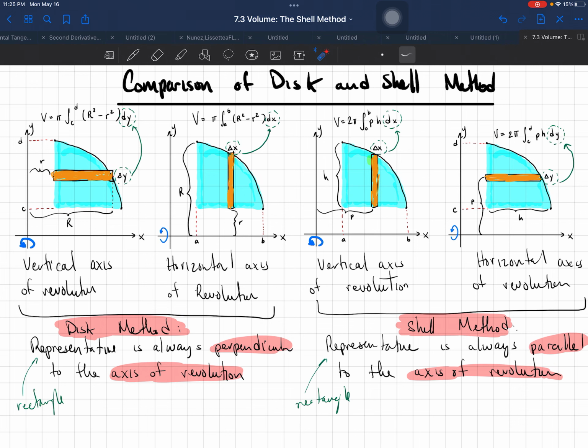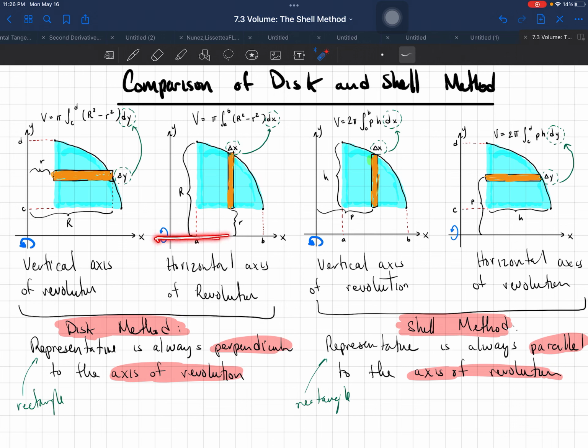Let's see what happens over here. Here's your axis of rotation. What is the representative rectangle? It is parallel to the axis of rotation.